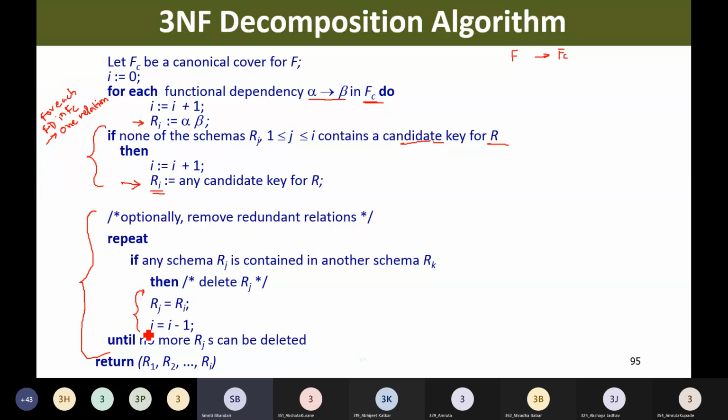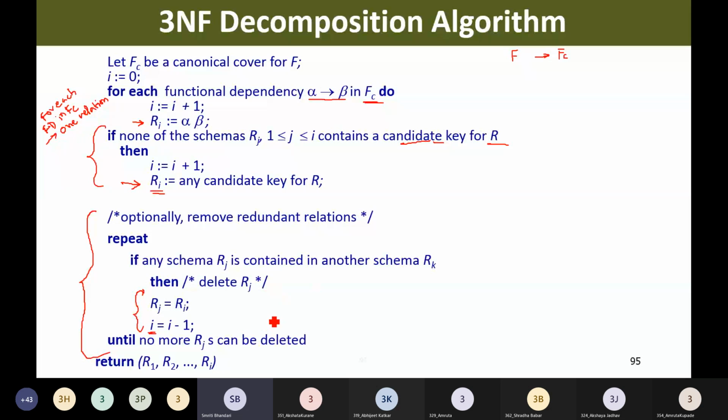So this is simply the process for deleting Rj. Rj is assigned Ri, and i is decremented by 1 because we are deleting one relation. Obviously this subscript i will be decremented.